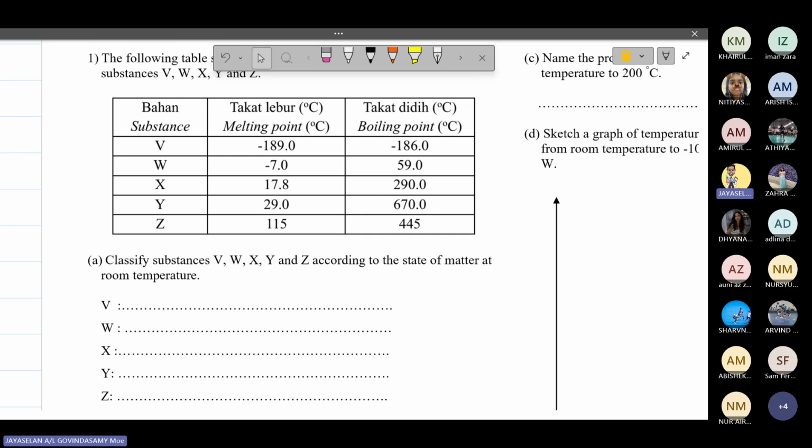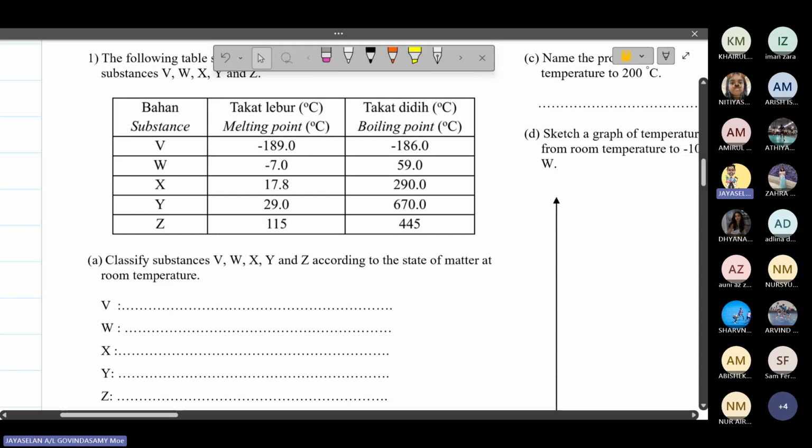Okay, those finish can angkat tangan. Okay, so I give you the answer, y'all check.